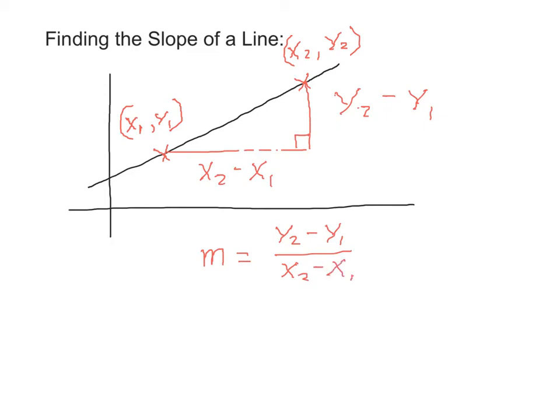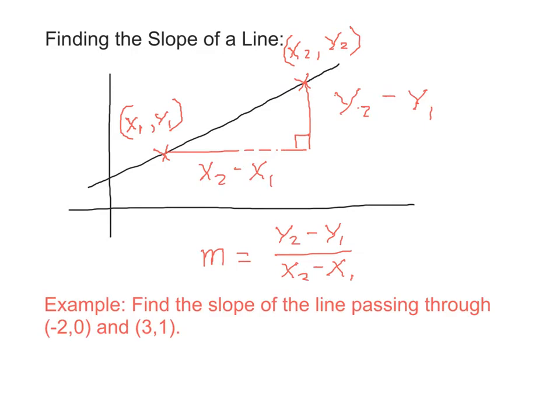And the only thing you have to be careful of is when you have these 2 points, if you pick the x value that's x1, make sure that the corresponding y value for that point is also y1. And similarly, x2 corresponds to y2. You get those values, and then if you know those coordinates of those 2 points, you can figure out what the slope is.